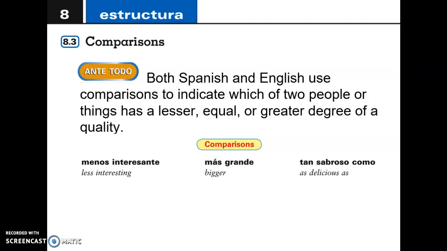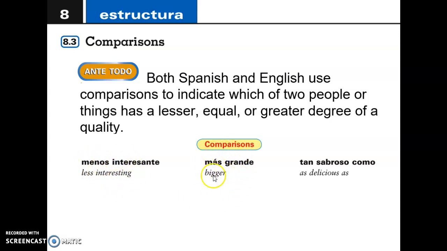So that is the aim of this unit, to learn how to say that something is equal, greater, or of a lesser quality. So you can see that these three situations, we are going to find them over here. Saying menos interesante, this we are going to discuss the lesser quality.